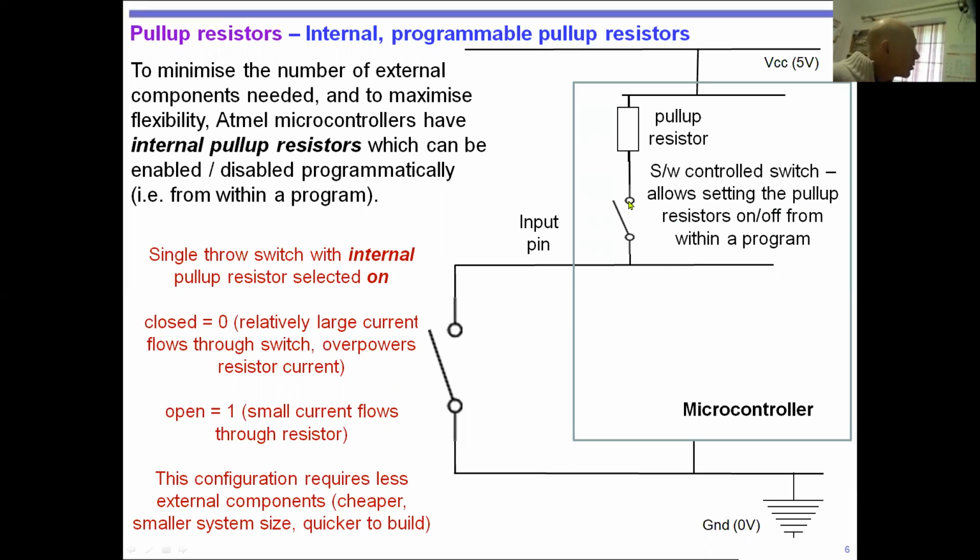We just turn the pull-up resistor on, and then we have our resistor, but we don't have a physical external resistor. And then we can use these miniature cheap switches with fewer components, less wiring, a smaller circuit, everything simpler. But we still have the pull-up resistor, all right?